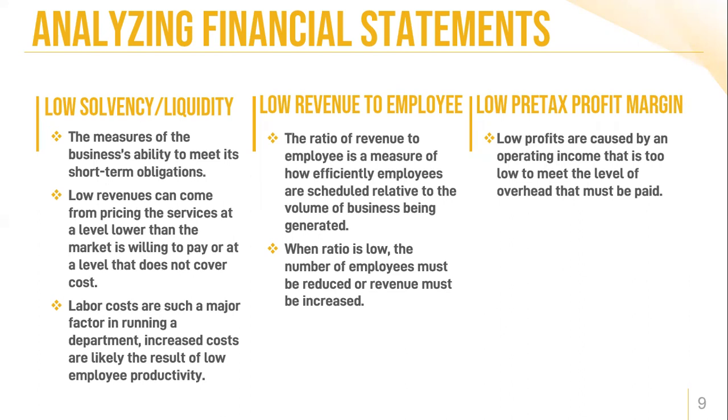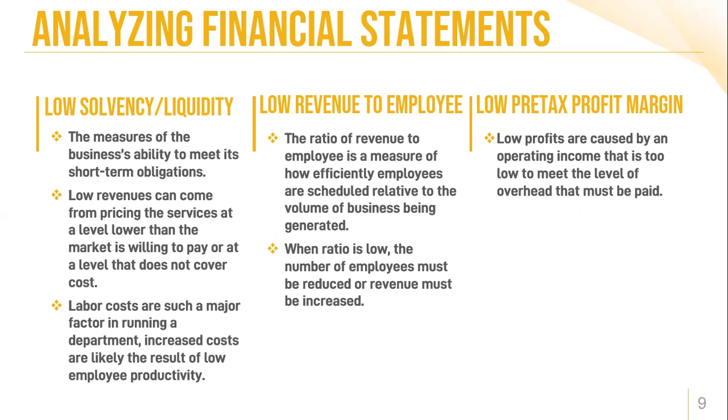So low revenue can come from pricing the service at a level lower than the market is willing to pay, or at a level that does not cover the cost. When you have low revenue, the demand is not really high, but you still supply. That's why your revenue is so low.